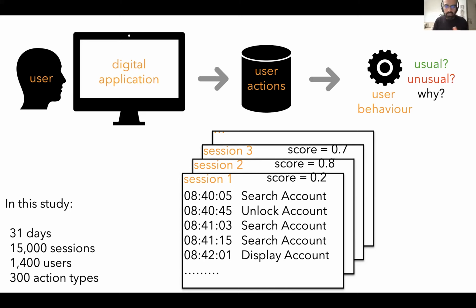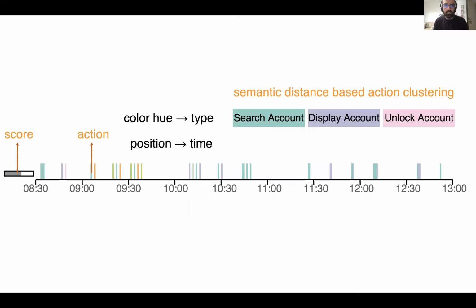So in this particular case study, we are looking at a month's data with 15,000 sessions, 1,400 users, and 300 action types. And just to help you a little bit in the next few slides, the way you can visually think about this session is a timeline of activity, and at different points in that timeline, different actions happen.